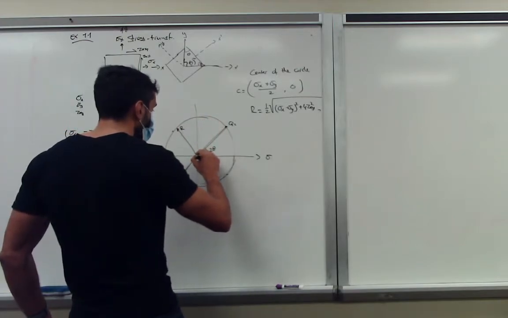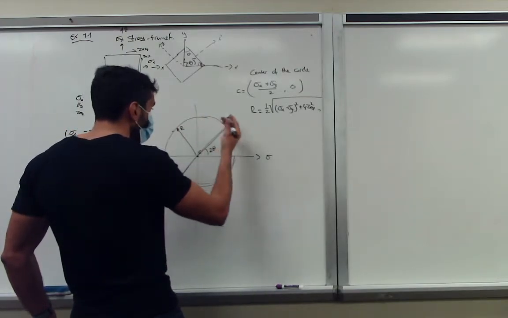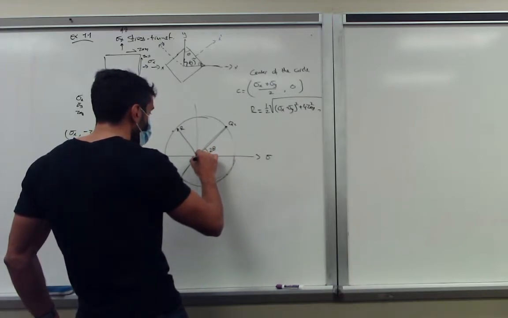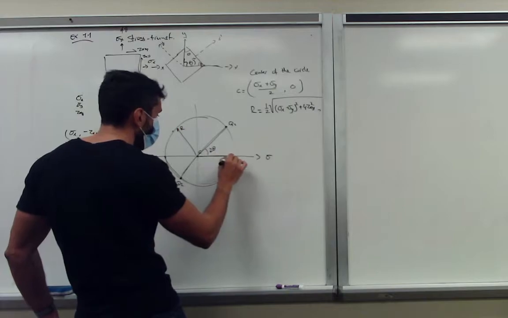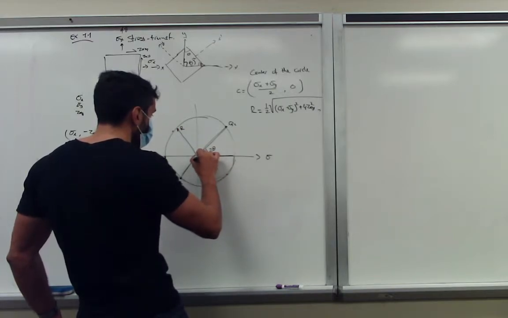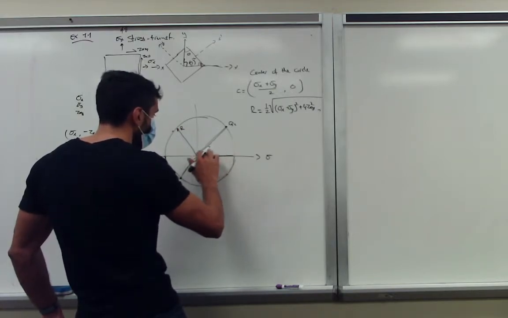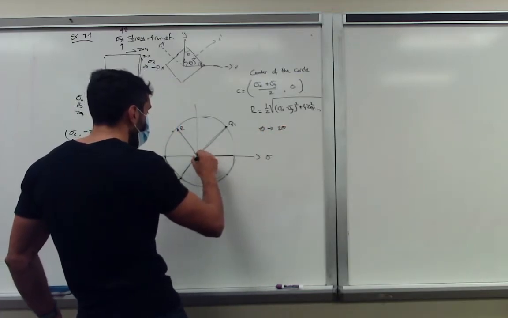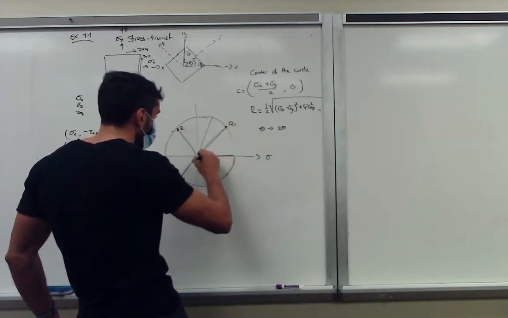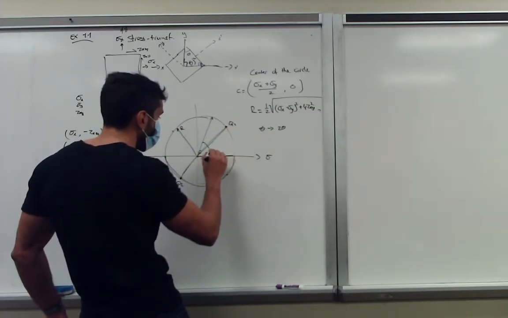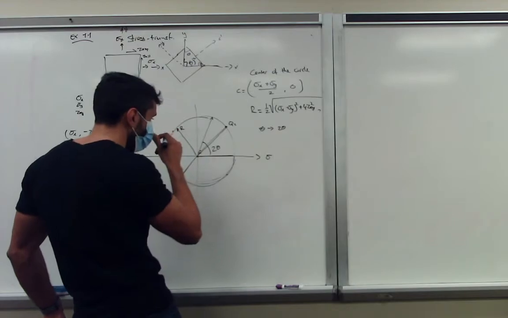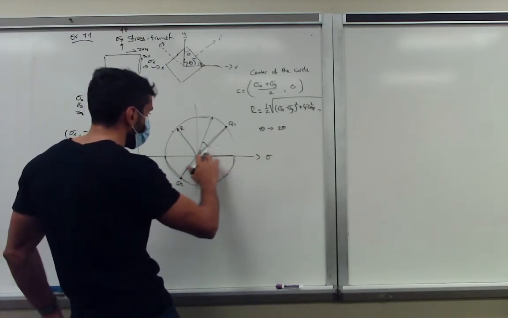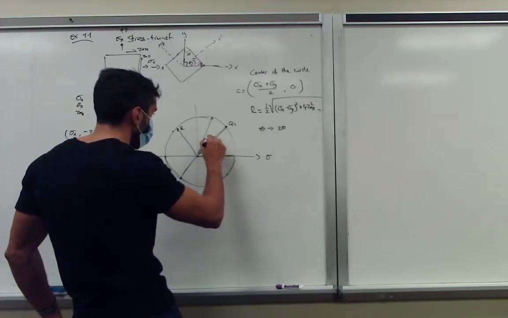If you're given theta, you can rotate by 2 theta, and you get your new coordinate system.